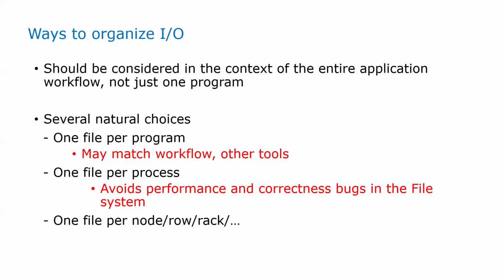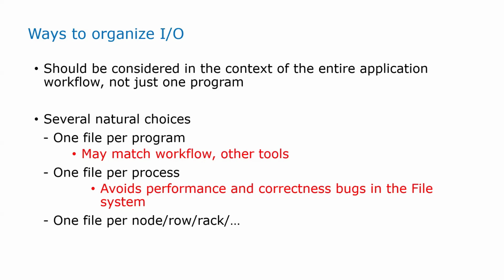Or you may take a simple approach and say one file per process. In this case it may be easier in programming, and whether it works for you or not, you can also do I/O like one per node.